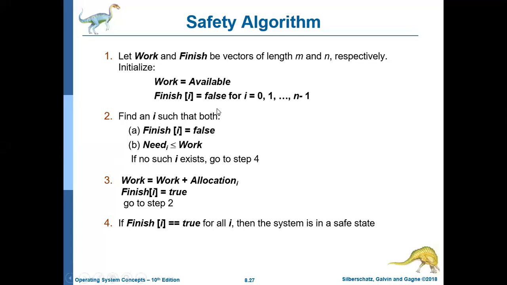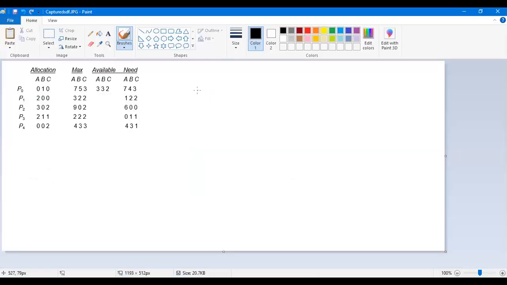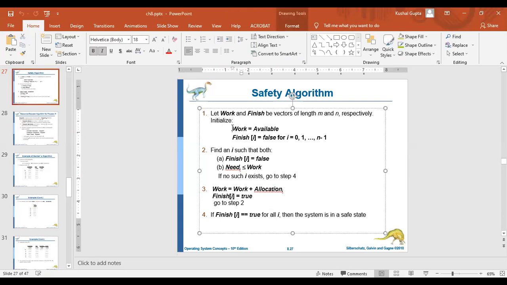How this algorithm is working, now I am going to show you. Okay, first let me show you once again. This is the algorithm where you are taking a work equal to available, then you are making a finish for all the processes false, and then you will check which process has not been executed till now.